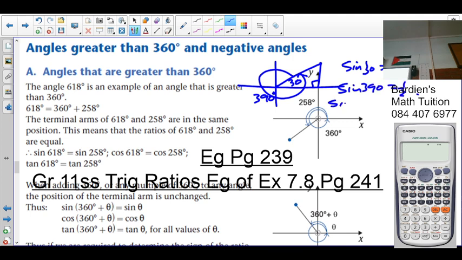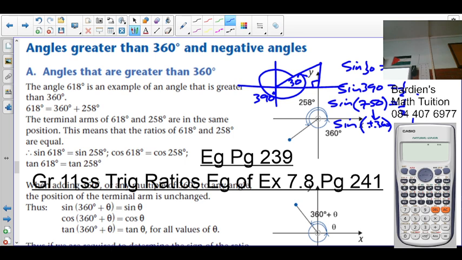Now what do you think will happen if I add another 360? That's going to give you 750, I think. Check sine 750. If I add another 360, it will always be the same.